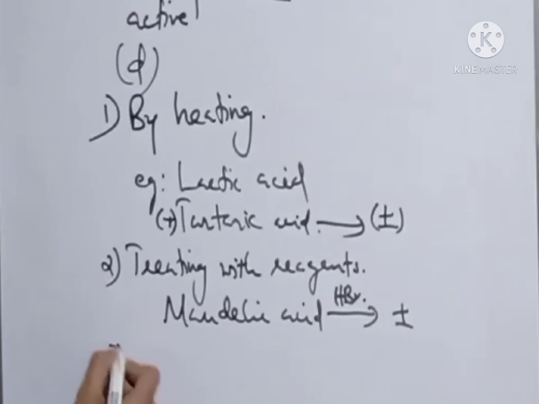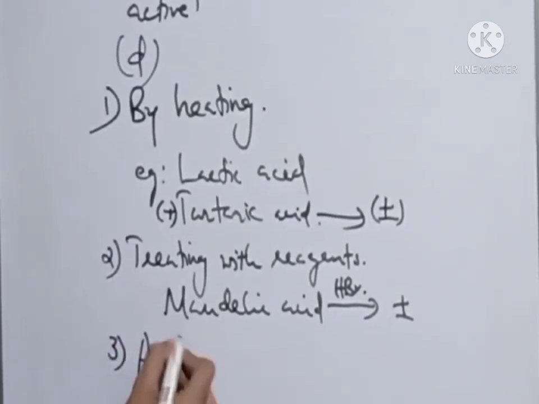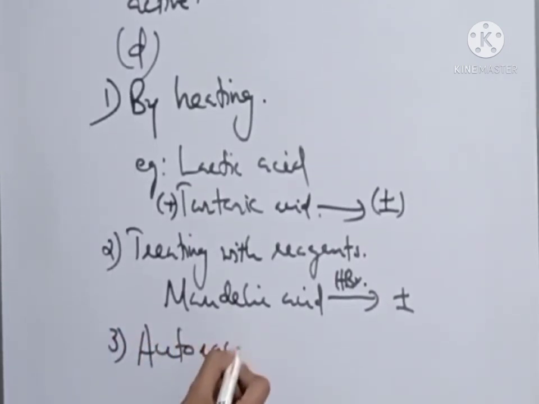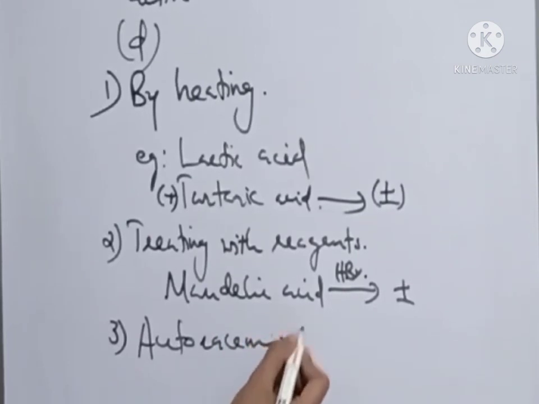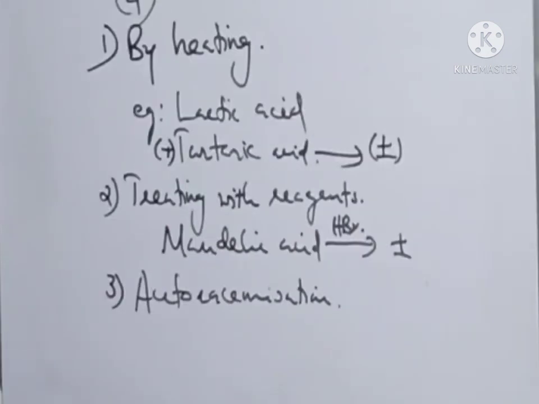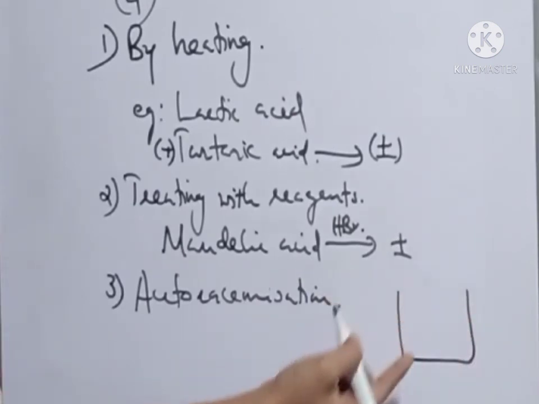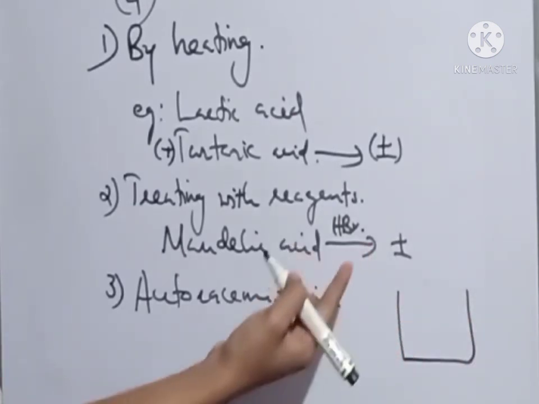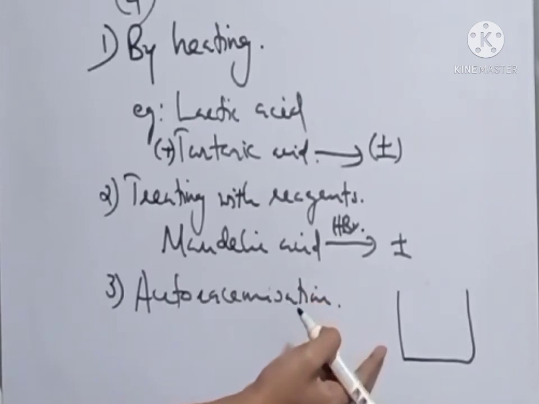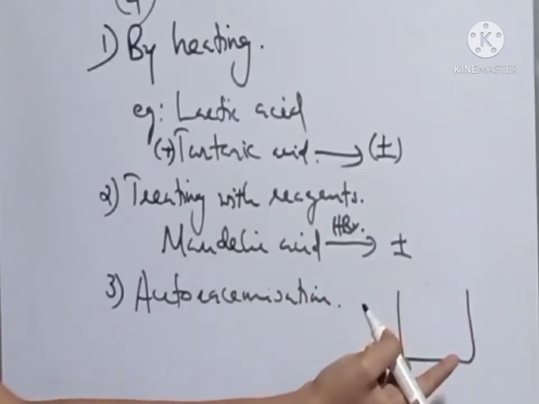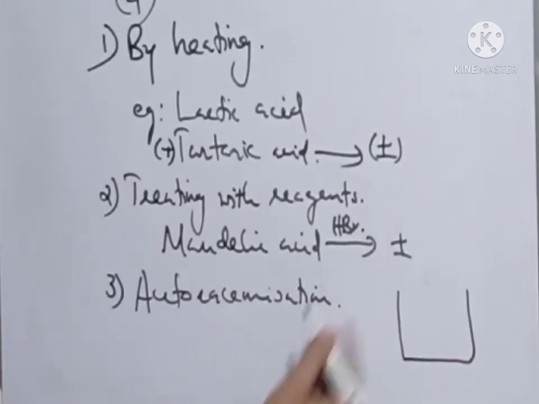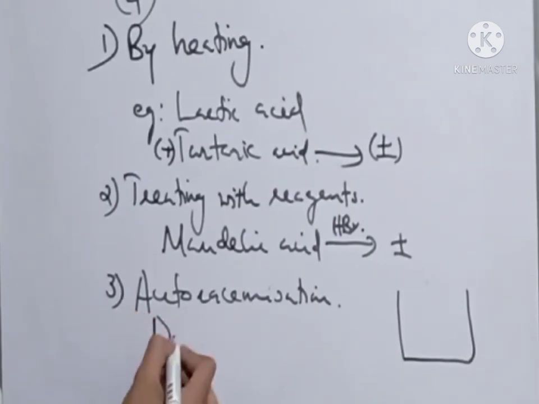Then the third process is auto-racemization. Auto-racemization means racemization occurs in some optically active compounds when they are kept for a long time. For example, dimethyl bromosuccinic acid.